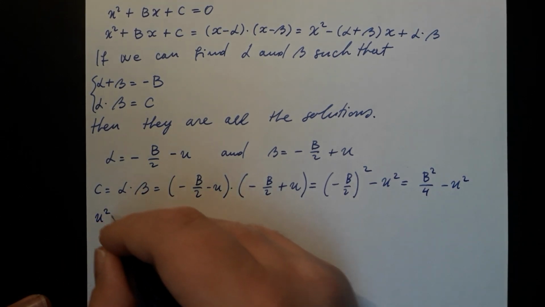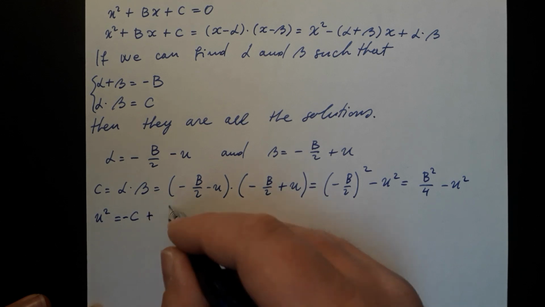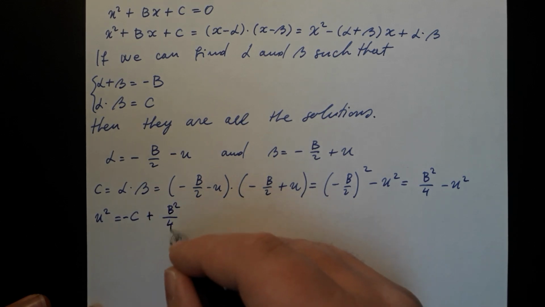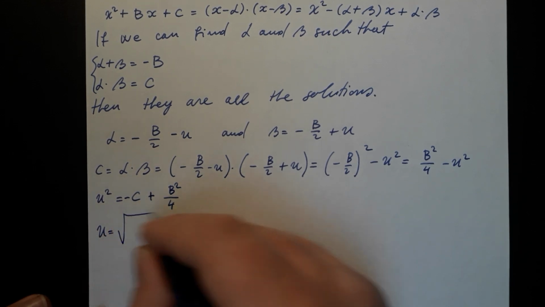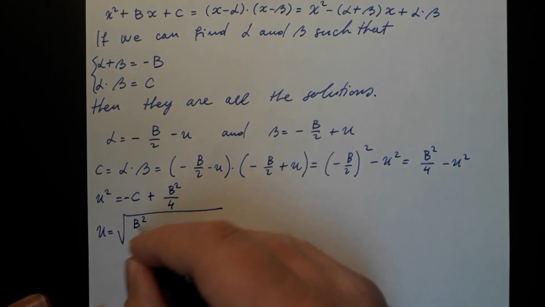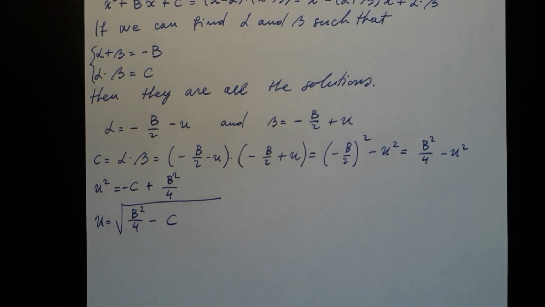So u squared is negative c plus b squared divided by 4. U is then going to be equal to a square root of b squared divided by 4 minus c. And if you choose negative square root, that is also okay.